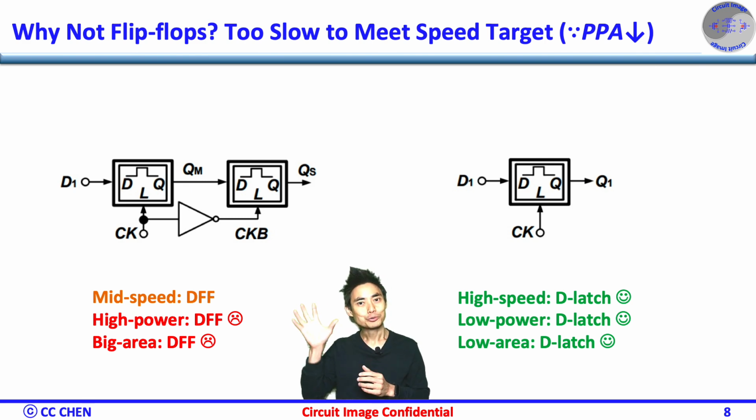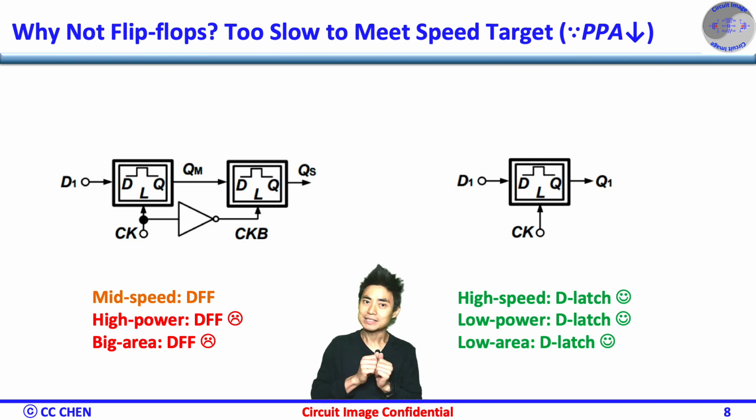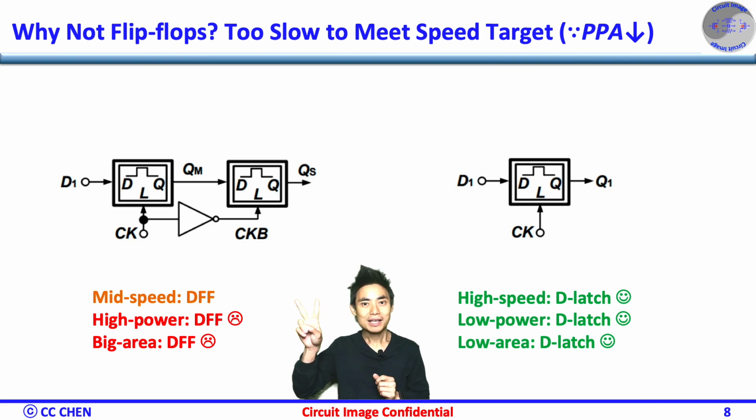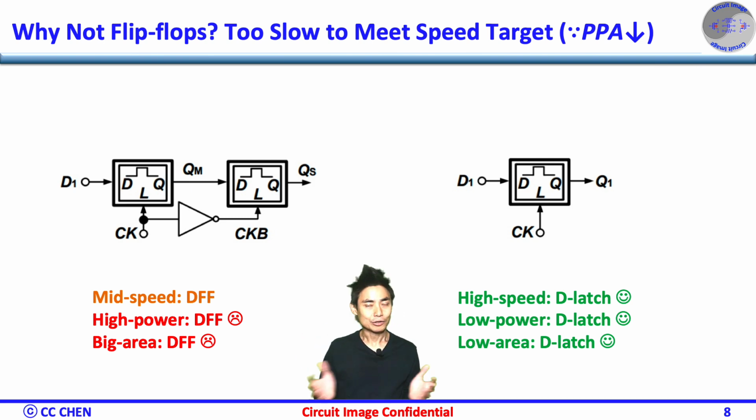Remember, we put 2 D latches together to form a D flip-flop, so the area and number of gates should be 2 times, and the power and gate delay should be more than twice as well. Sometimes the speed could be too slow to meet the timing constraint, even though it's easy to analyze.